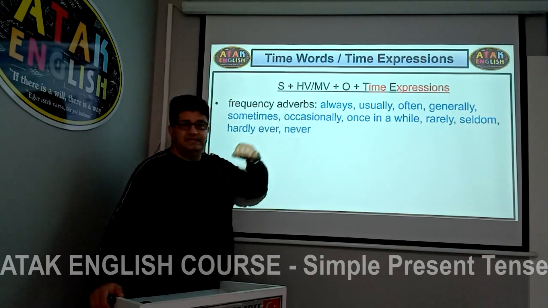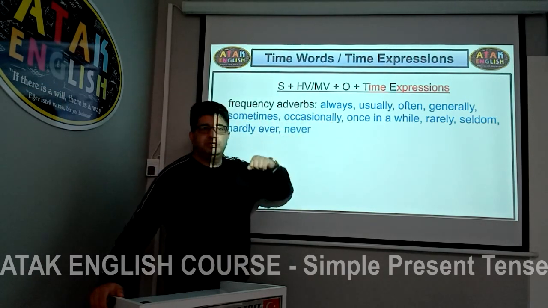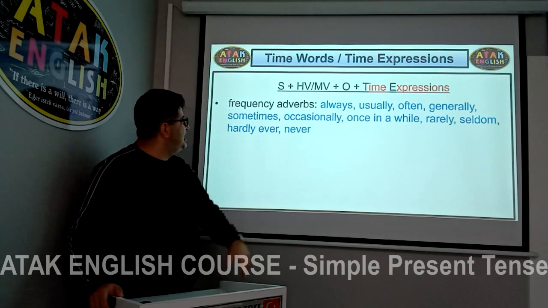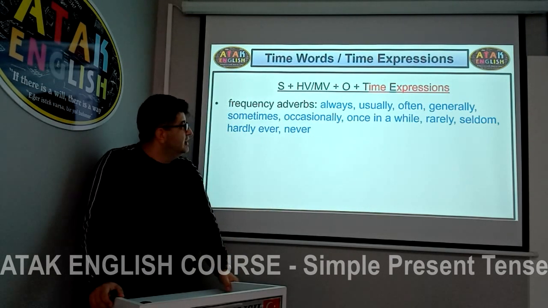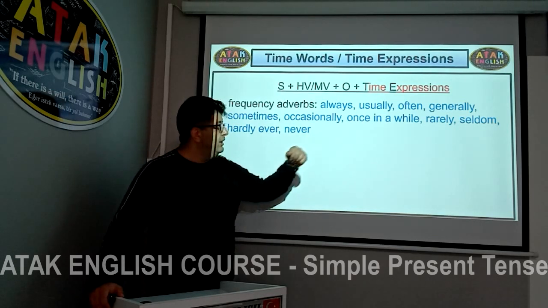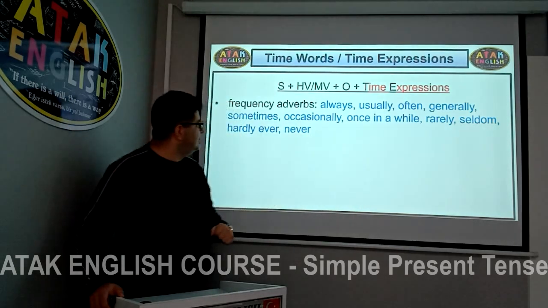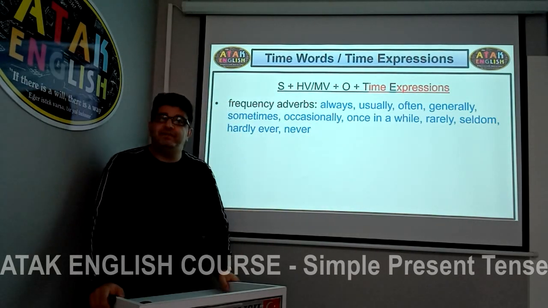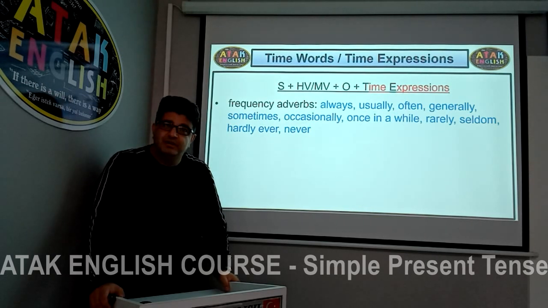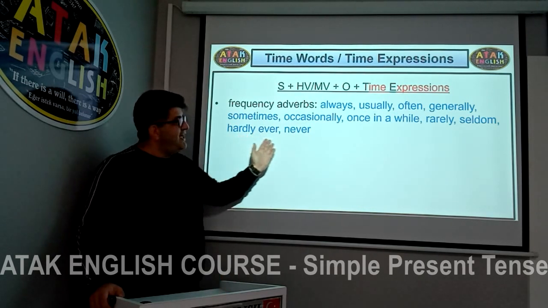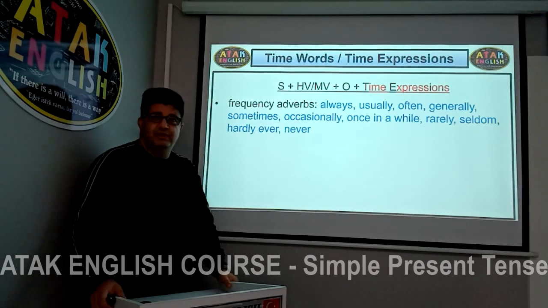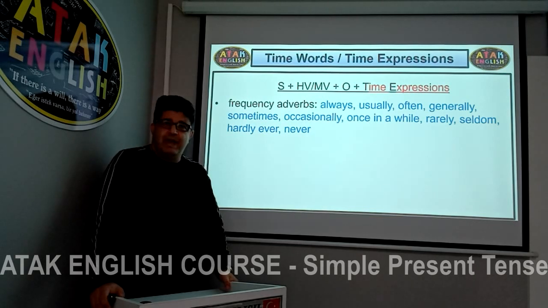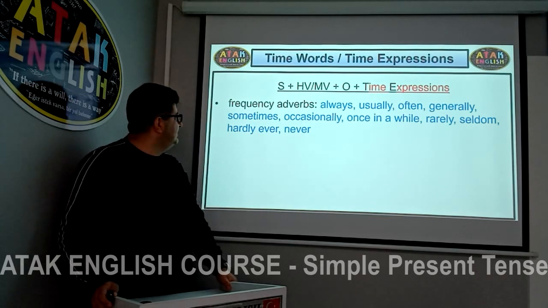Okay, always, usually, often, generally, sometimes, occasionally, once in a while, rarely, seldom, hardly ever, never. We're going to come to that. They've got percentages of how often the actions happen. We're going to come to that later on.